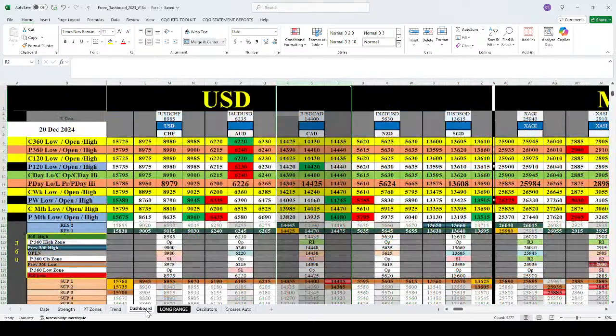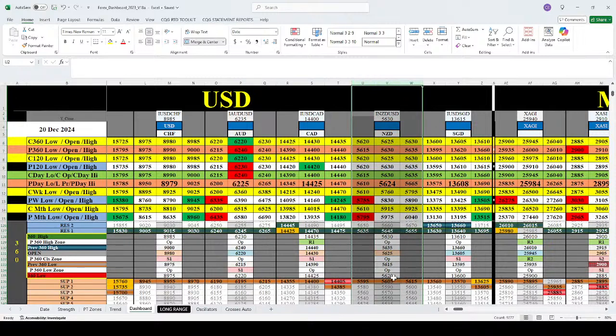Okay, then if we go into the dashboard, since we are going to go for both sides, that means buy and sell, we'll concentrate on both sides.